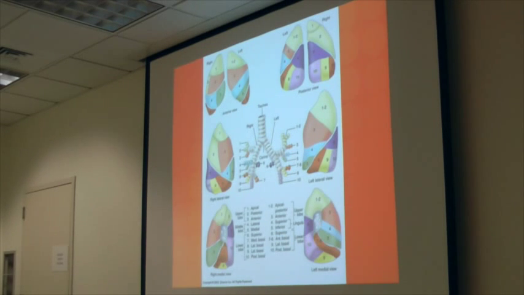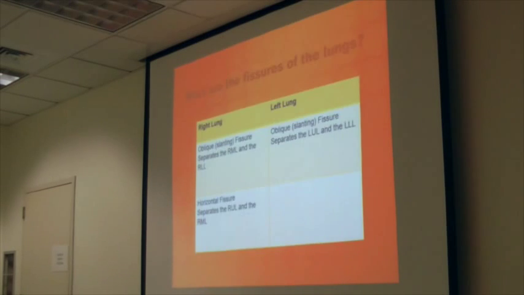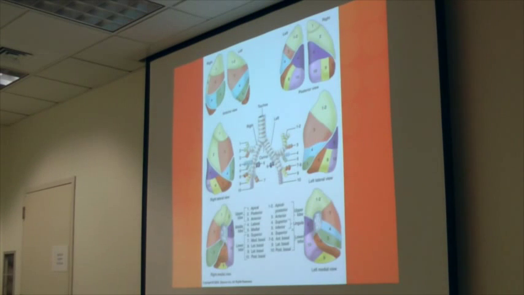There's one more thing I want to point out about this picture. When you're listening to breath sounds and you want to listen to the lower lobes, what's amazing is the lower lobes of the lung occupy most of the back. Other than the upper lobe, which is above the scapula, the rest of a patient's back is the lower lobes.